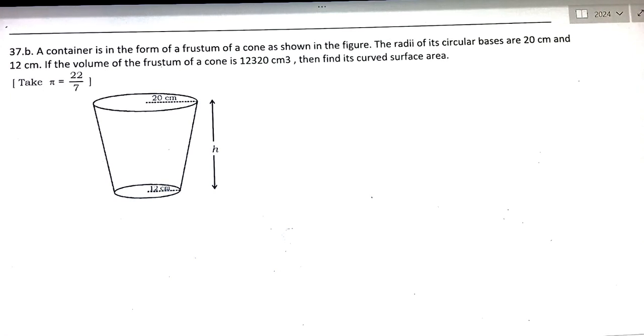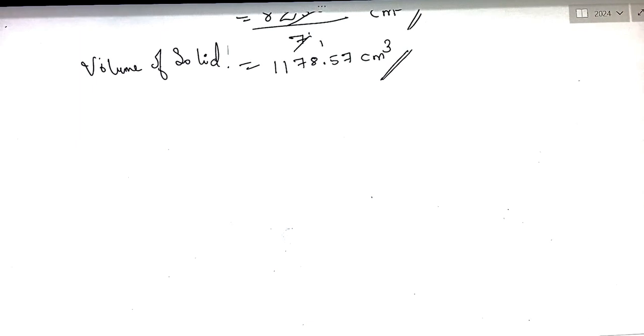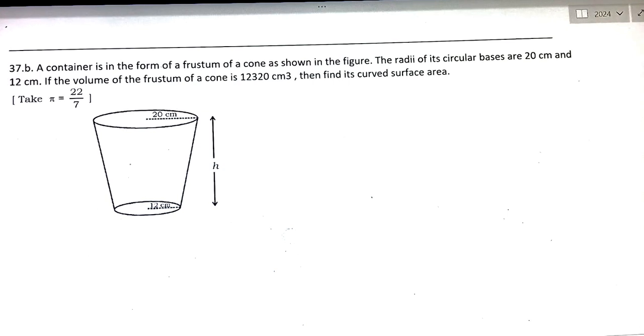Okay, so here this is the frustum. When we say the image is in the form of a frustum, you know that a frustum has 2 radii. Okay, the upper part of the frustum has 20 centimeter as radius, that is R2, whereas the bottom part of the frustum has radius R1, that is 12 centimeter.